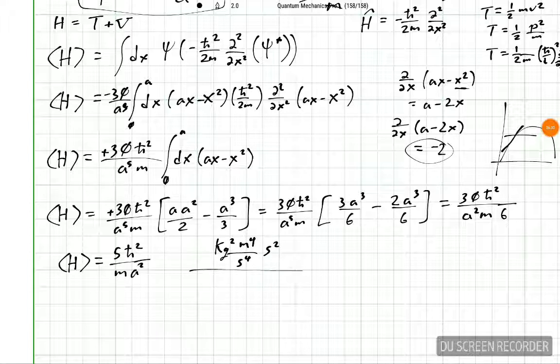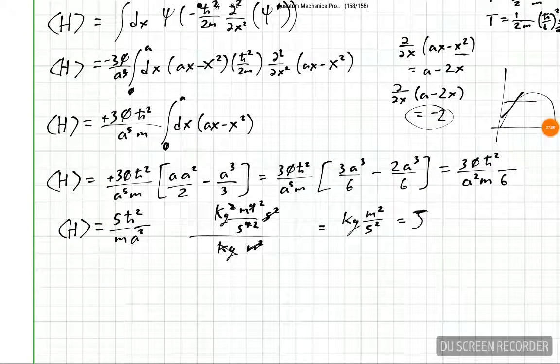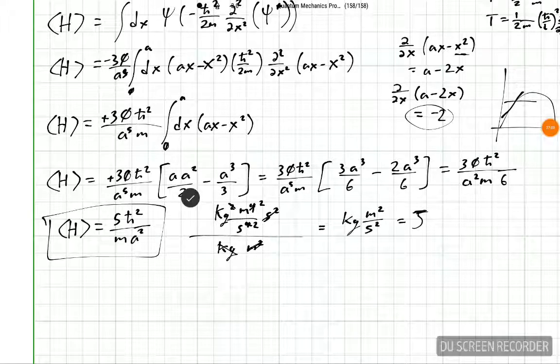That's our h bar squared, over kilograms meters squared. 1 of our kilograms cancels. 2 of our seconds cancel. 2 of our meters cancel, leaving me with kilograms times meters squared over seconds squared, or a joule. Good. My expectation value of my energy most certainly needs to be a joule. So we got the right units, we're good. That's my expectation value of my energy.